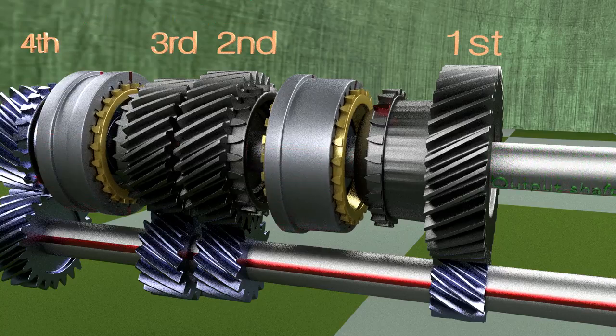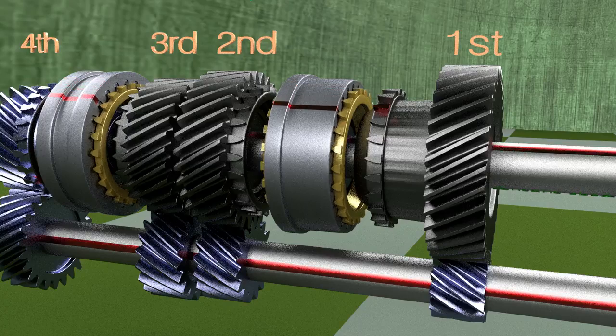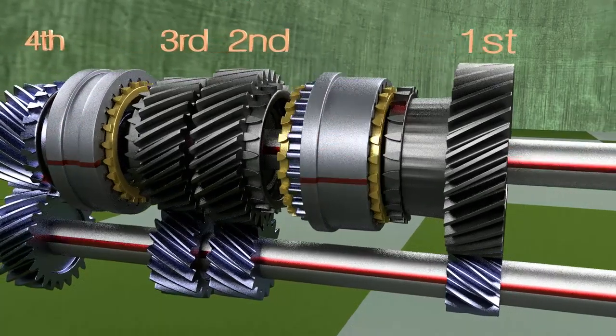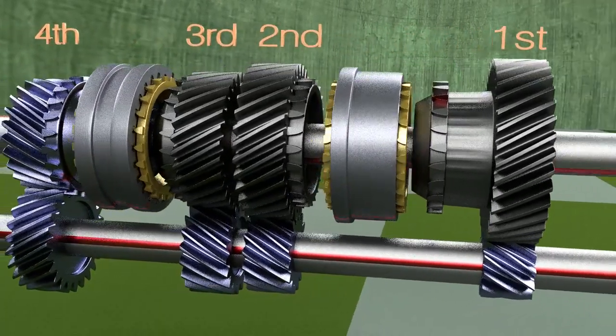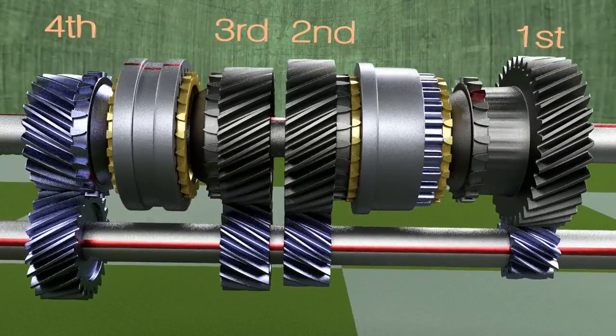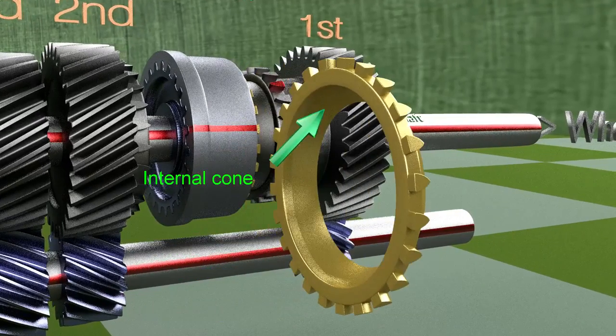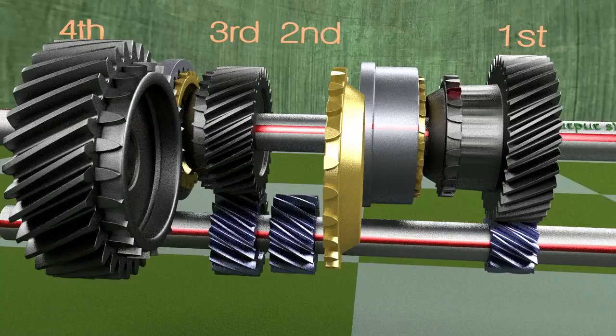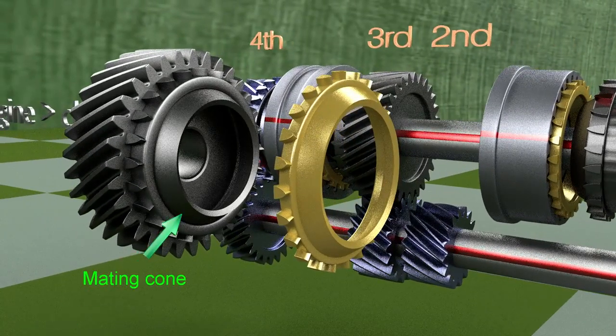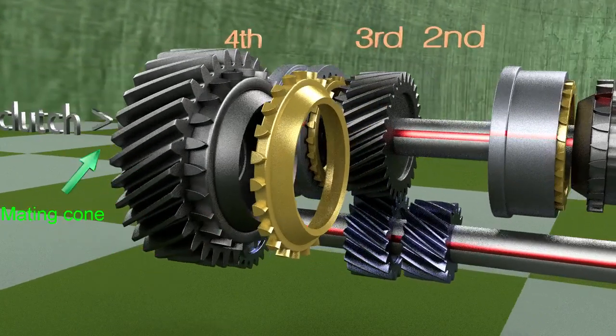The synchronizer ring is fitted in such a way that it rotates with the output shaft and can also have axial movement. The synchronizer ring has an internal cone. The gears are provided with a mating cone which matches the synchronizer ring internal cone and forms a cone clutch.